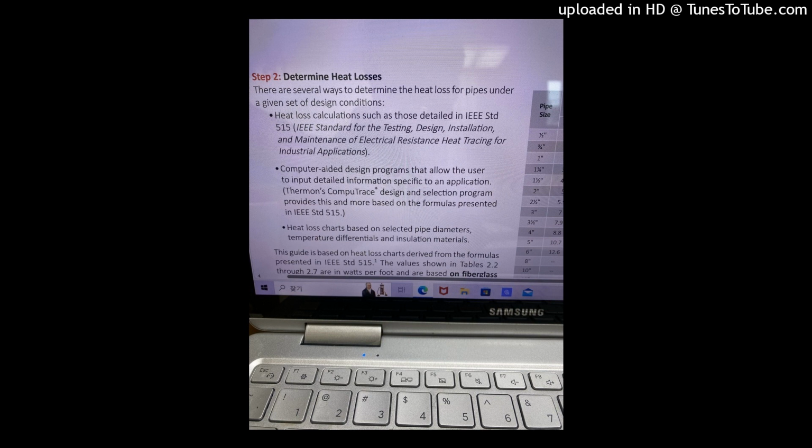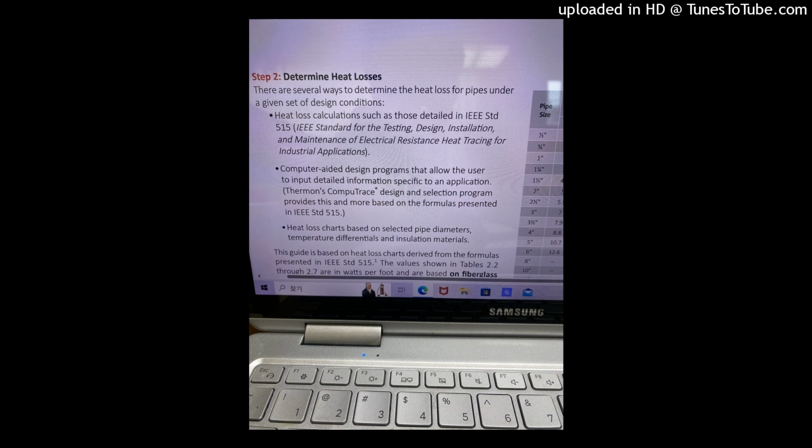Heat loss charts based on selected pipe diameters, temperature differentials, and insulation materials. This guide is based on heat loss charts derived from the formulas presented in IEEE STD 515. The values shown in tables 2.2 through 2.7 are in watts per foot and are based on fiberglass insulation.